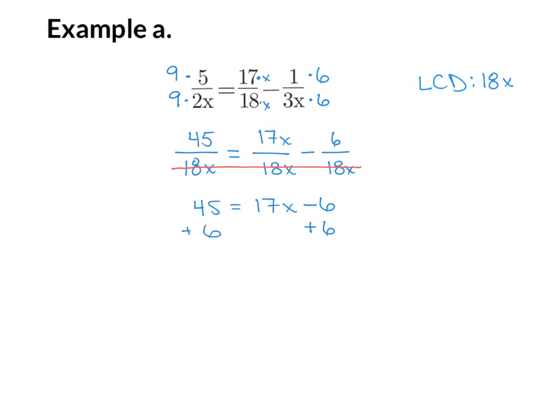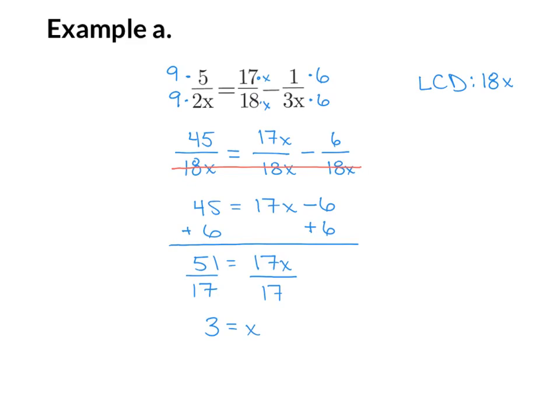I'm going to add 6 to both sides. We get 51 equals 17x. And then I want to divide by 17. 51 divided by 17 is 3, and we have this as our solution.